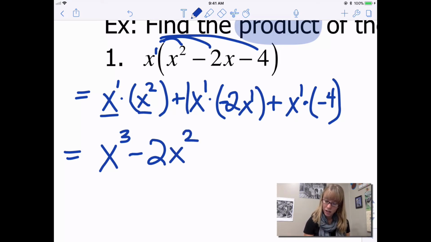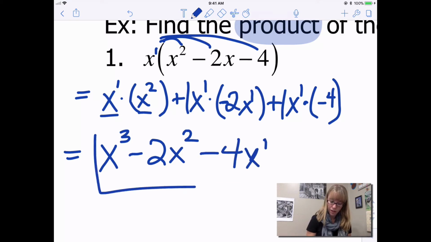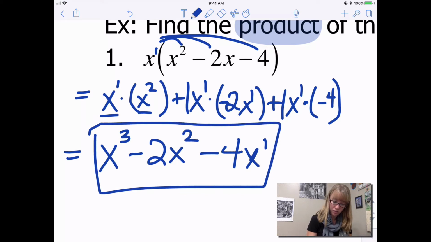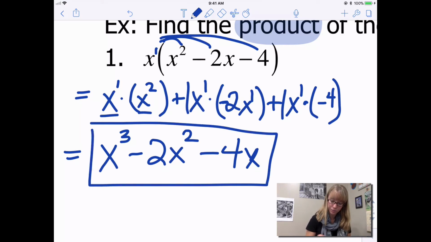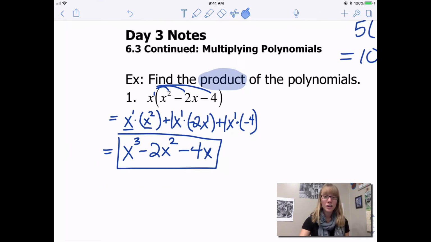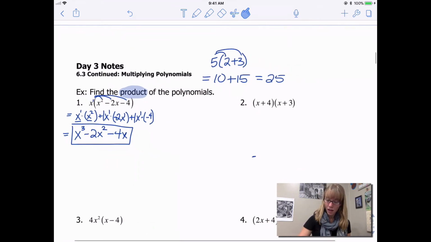The last one, I have 1 times negative 4 is negative 4, and then x to the first. And that is my final answer. And I don't really need that power on my x if it's just x to the first. So that should be something that feels familiar.